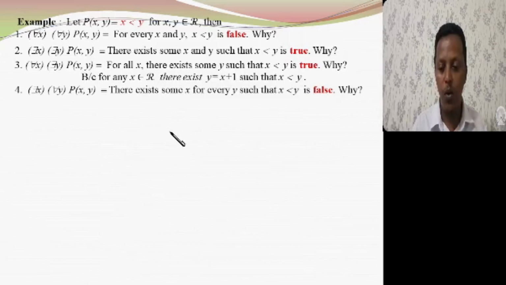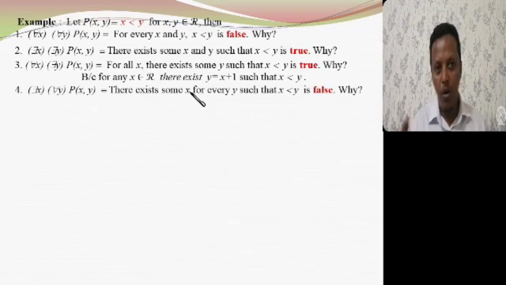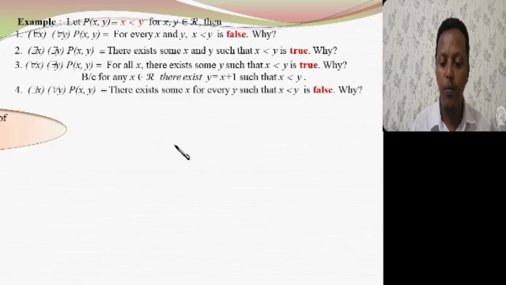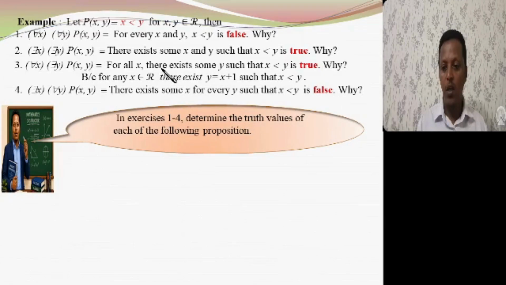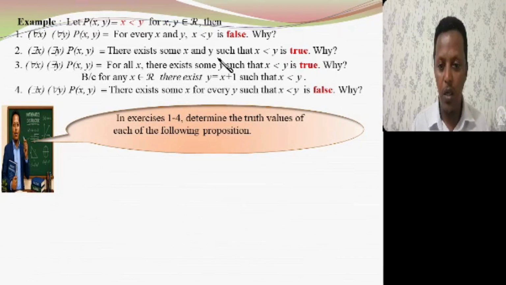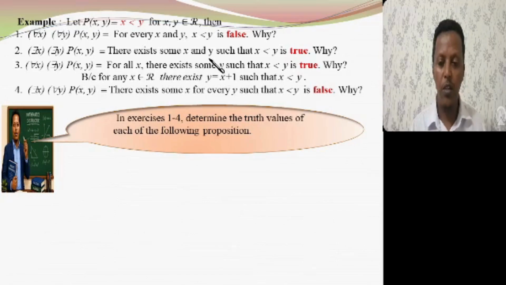Since the real numbers run from minus infinity up to positive infinity, whatever real number you take, you can get a real number less than the chosen number. So because of that, this is false.